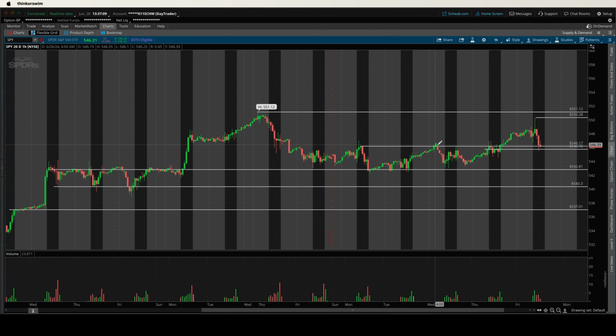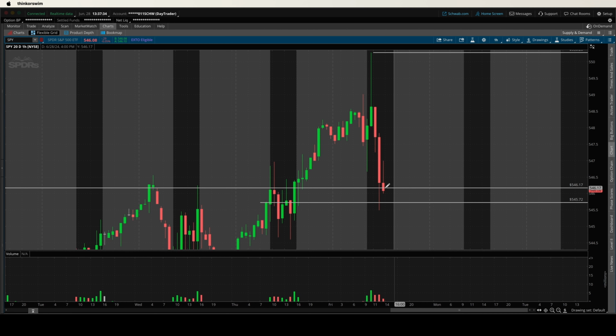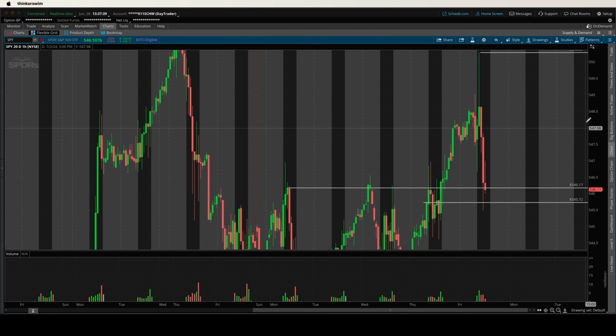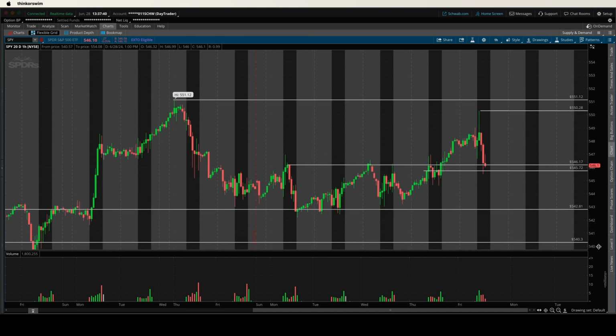It tested it yesterday, and it seems to be testing it again today. It ended up closing above here on the 1 hour. So maybe this would be relevant as a resistance that turned support. As you can see, it was resistance, and now it came back down, and it's testing it to see if it will turn support. But the day is still in play. Let's see what actually ends up coming out of that.